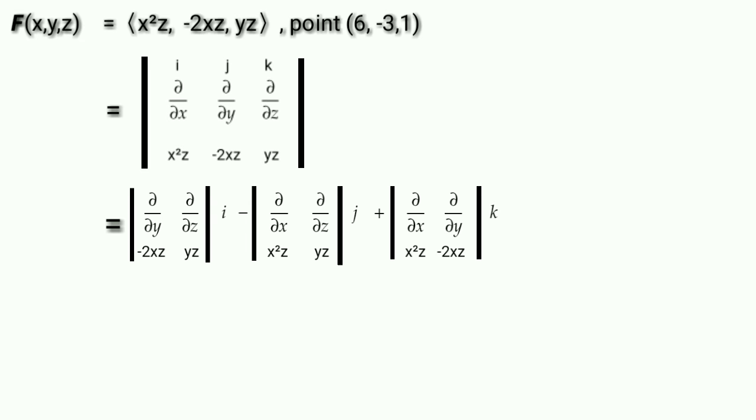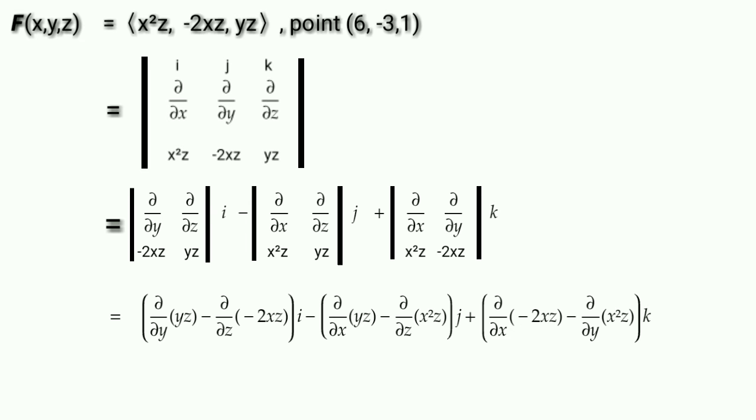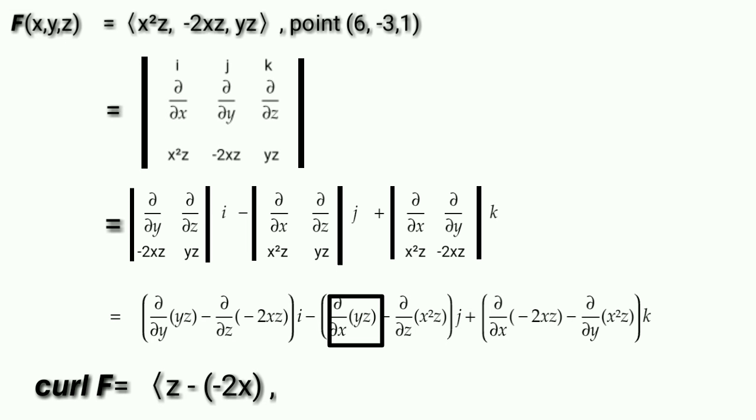So, to determine the x component of the curl, take the partial derivative of yz with respect to y. That will give us z minus the partial derivative of negative 2xz with respect to z. So, we'll have minus negative 2x. And for the y component, we'll have the partial derivative of yz with respect to x.